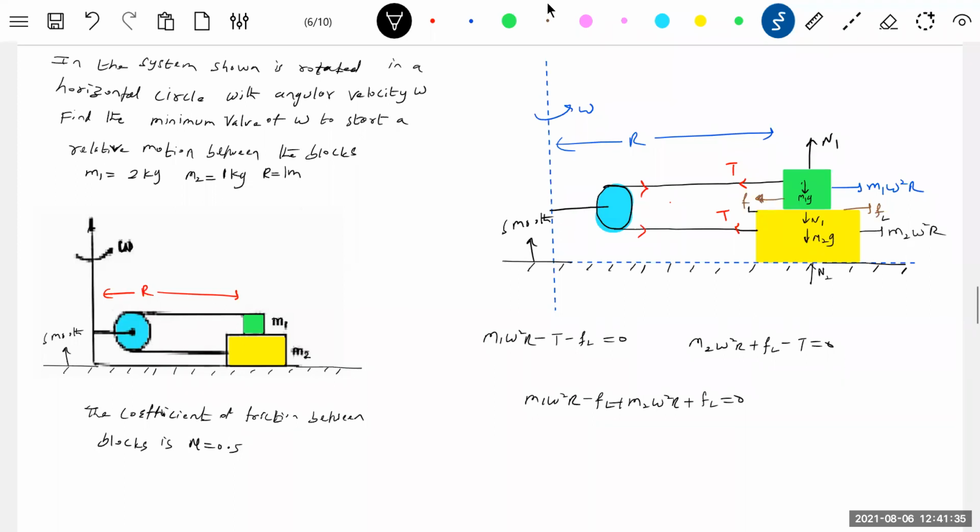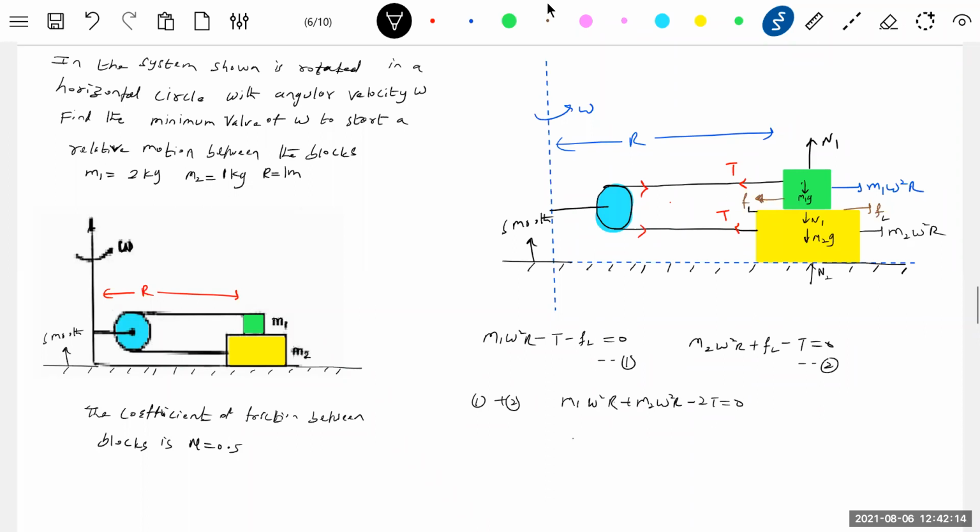I'll substitute the value of tension T. This will be fL. fL will get cancelled, no? Adding, that's right: M1 omega square r plus M2 omega square r minus 2T equals 0.